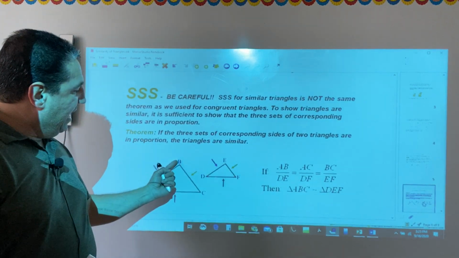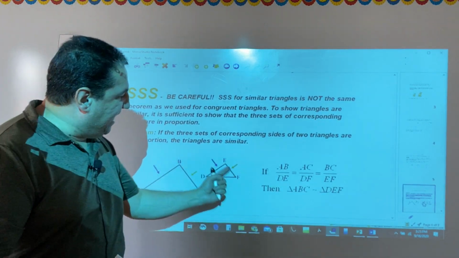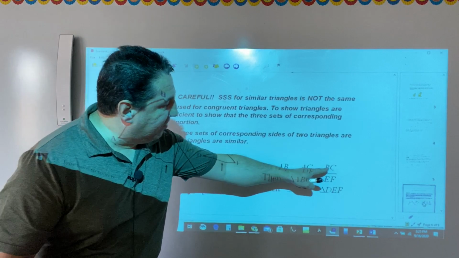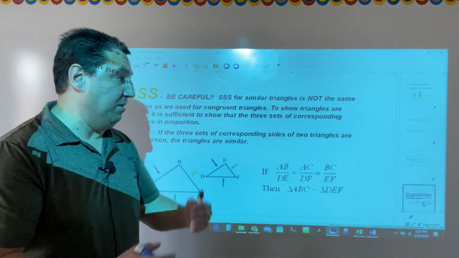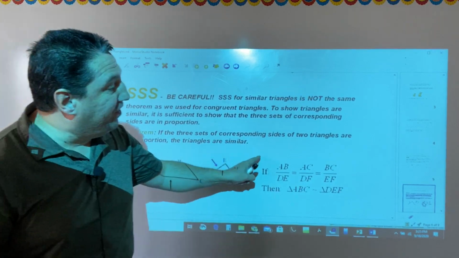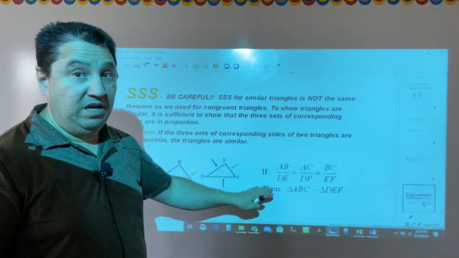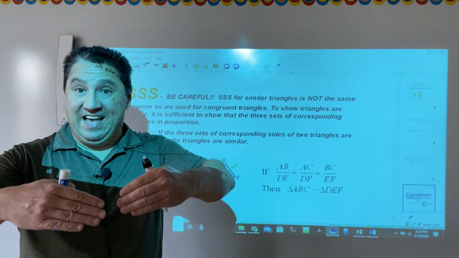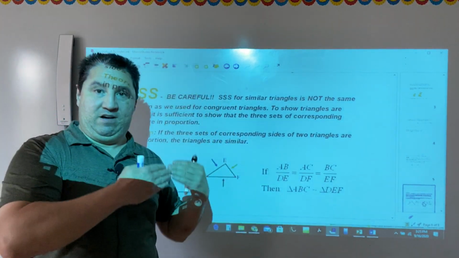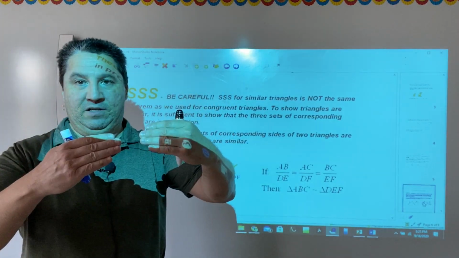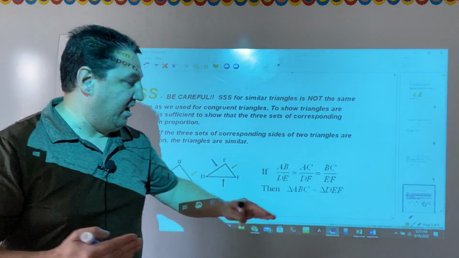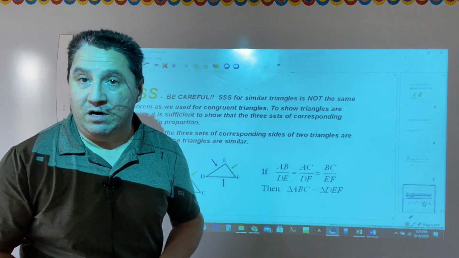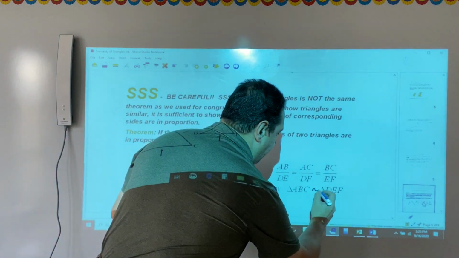Also, BC is on top, and EF is in the bottom, and so on. So, if the corresponding sides of one triangle are in proportion with the corresponding sides of the other triangle, then triangles are similar.